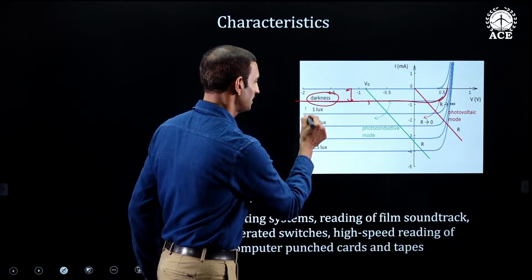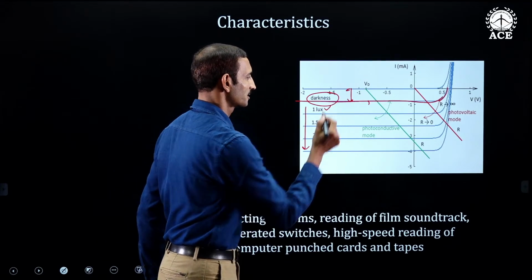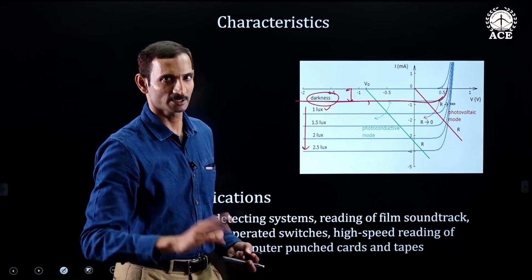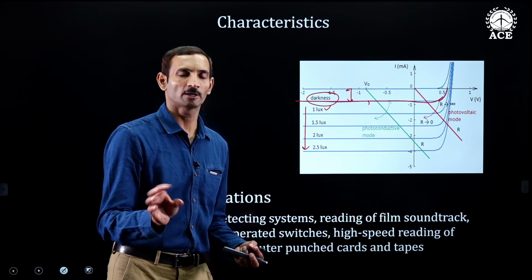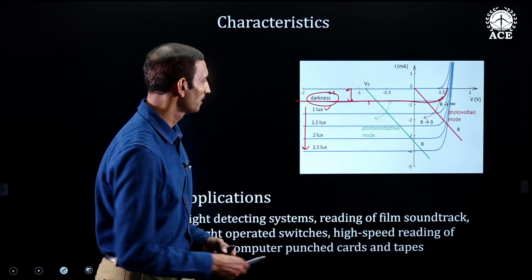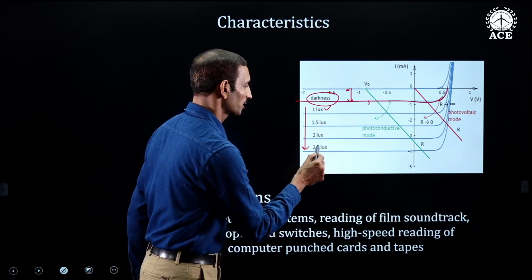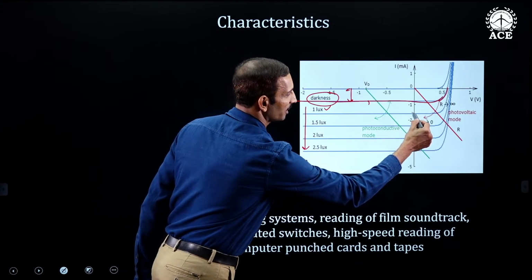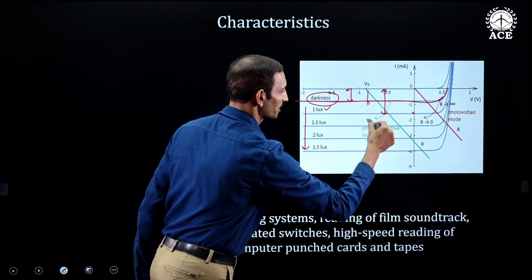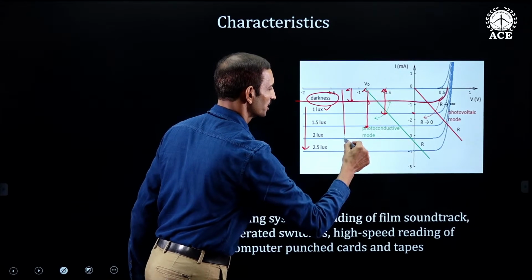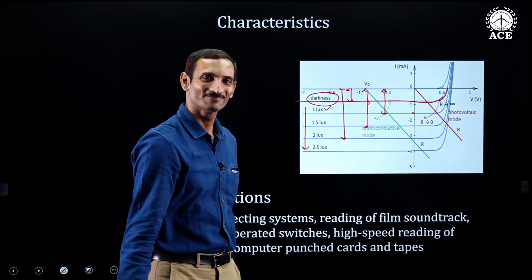If you increase the light intensity in the order of lux, lux being the measurement of luminous intensity, so 1 lux, 1.5, 2 lux, 2.5 lux, you can see the saturation current has increased drastically, increasing the photosensitivity of the material, right?